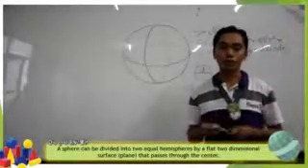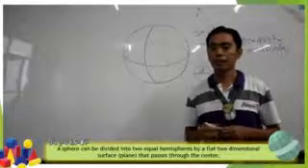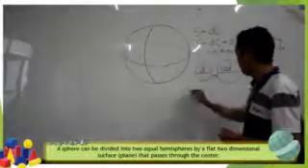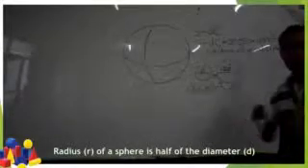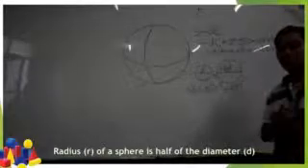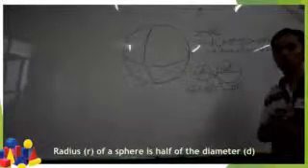From the original formula of the surface area of the sphere, surface area is equal to 4 pi r squared. Take note that 2 times the radius is equal to the diameter, or vice versa. 1/2 diameter is equal to the radius.